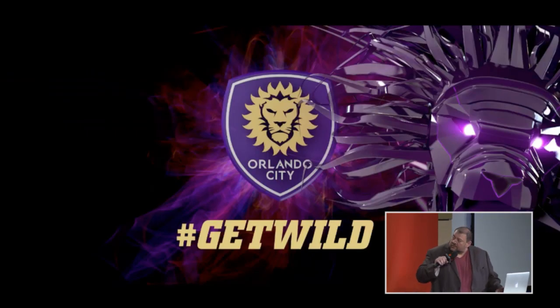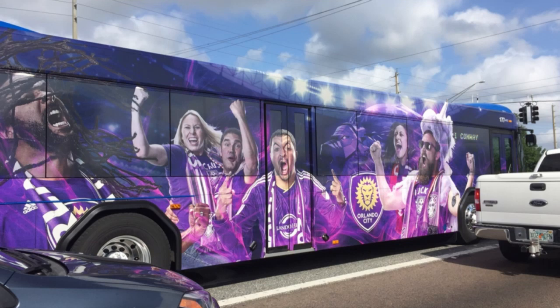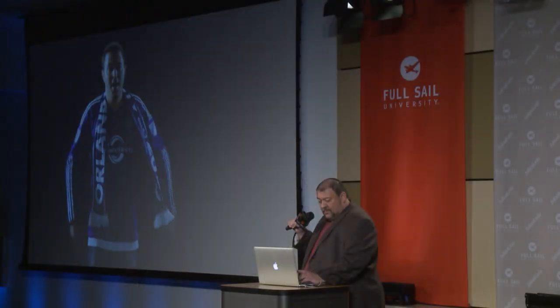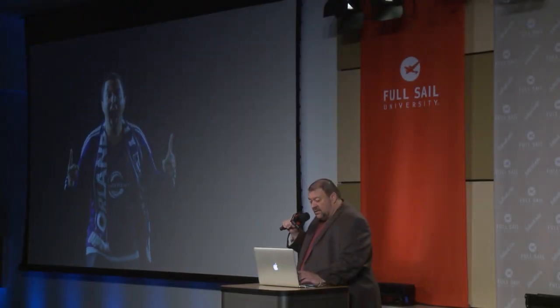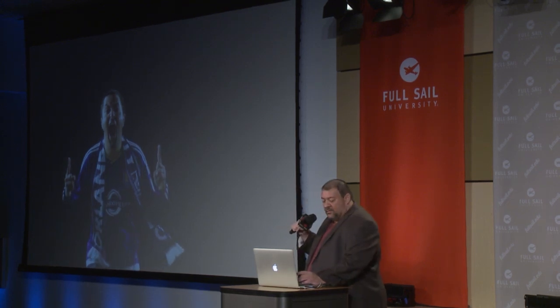And this was the end result of the lion, which we brought Corey Martin on board to do a lot of the particle and the glow in After Effects. We even got a bus wrap, which was really cool. We did some test shots of the fans in really slow-mo, 120 frames.